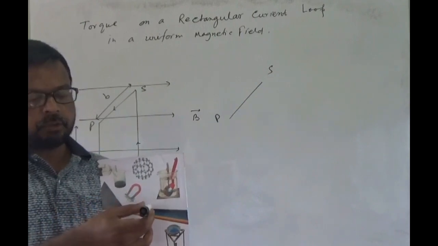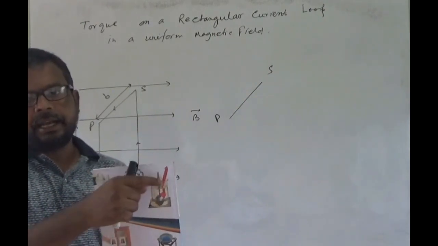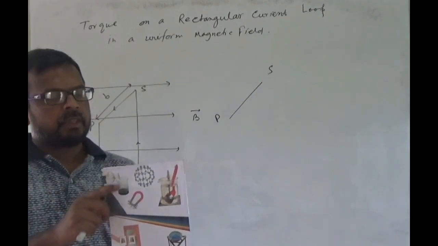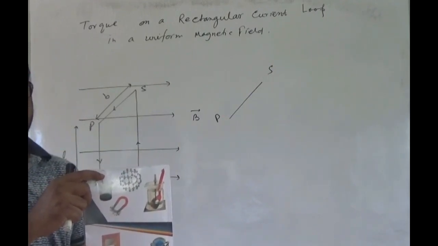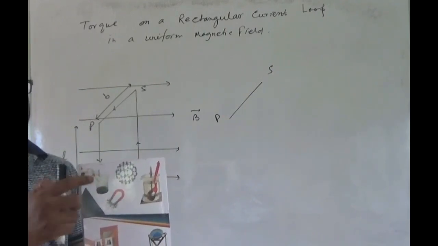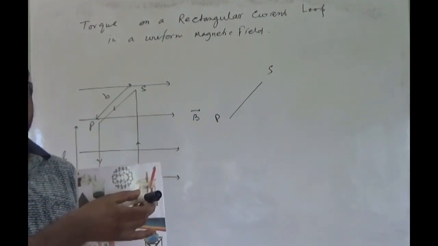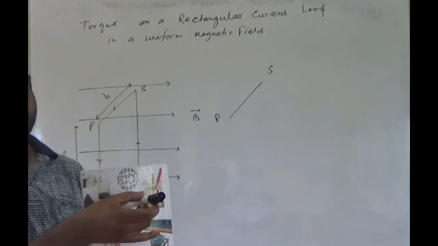This is the normal to the plane of the loop and this is the direction of magnetic field, and this makes an angle 90 degree. Now if this makes an angle like this, then what happens? Then this is B, and this is the direction of the normal to the loop.